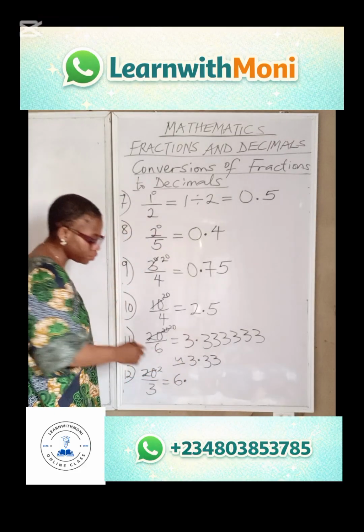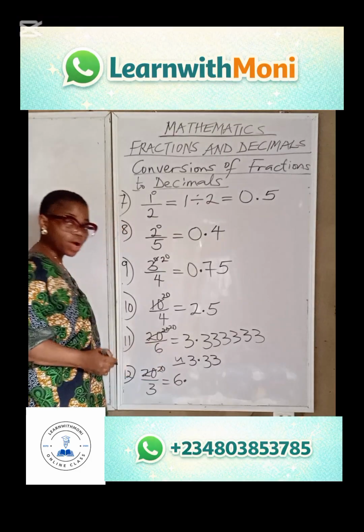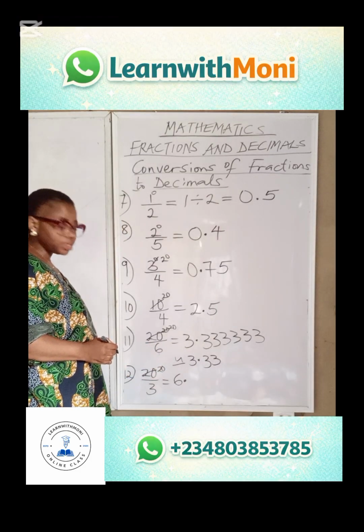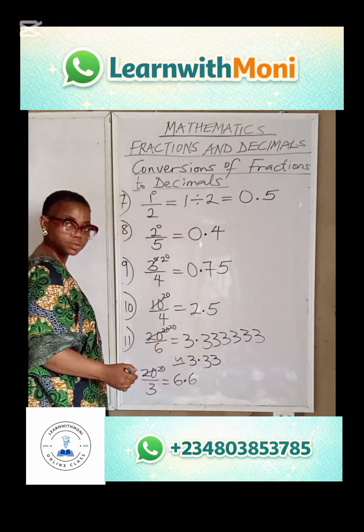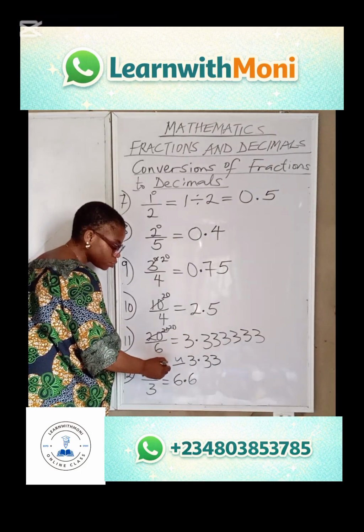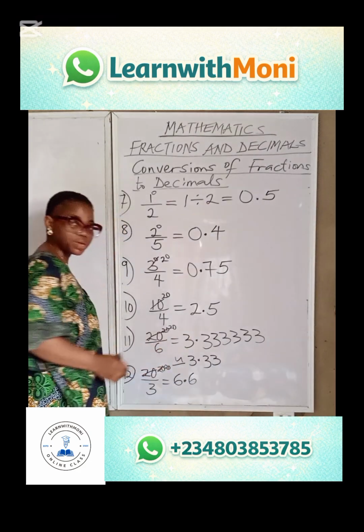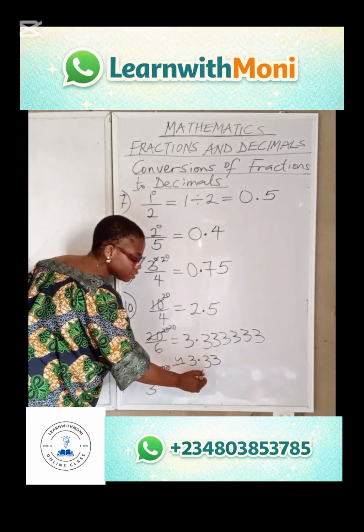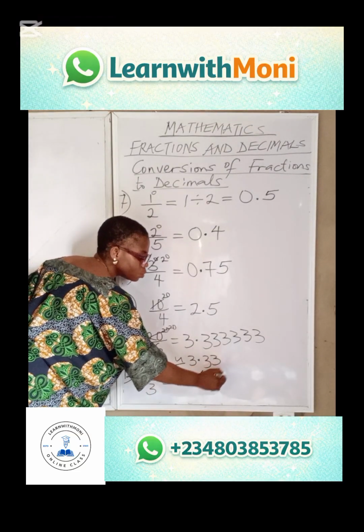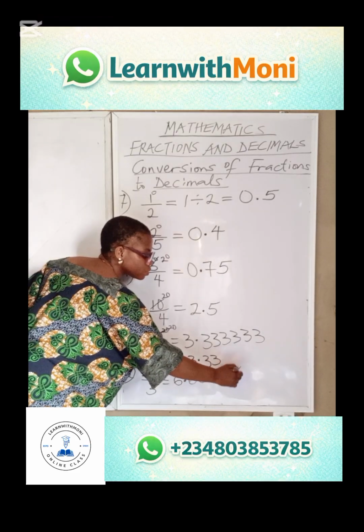Put an invisible 0 behind that 2, you have another 20. That 20 divided by 3 will still give you 6, and it will still remain 2. Put another invisible 0 behind that 2, you still have 20 divided by 3. So this means the 6 will keep occurring, in this case, unending.